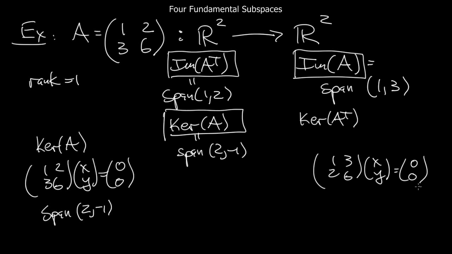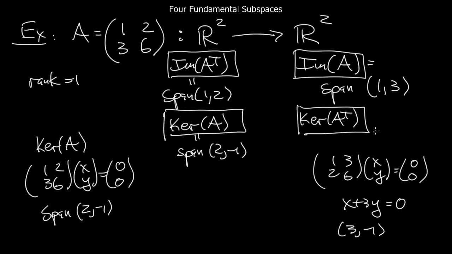What's a vector in the kernel of that? That's the equation x plus 3y equals 0. Let's take the vector 3, minus 1. So this is one-dimensional, and it's the span of just the single vector 3, minus 1. And notice these two spaces are orthogonal to each other, and these two spaces are orthogonal to each other. And A and A transpose go back and forth between these two one-dimensional subspaces at the top.